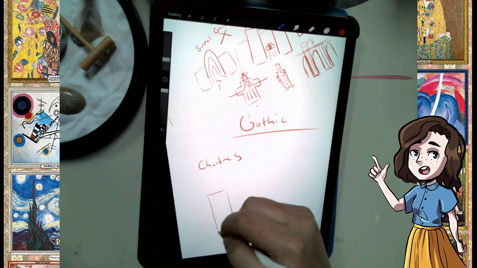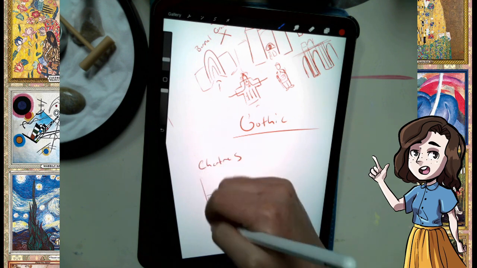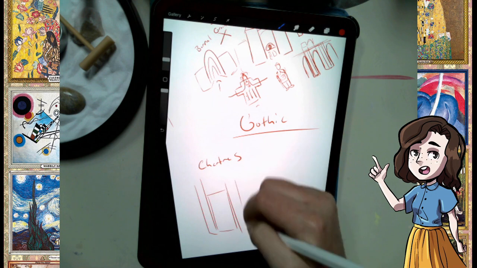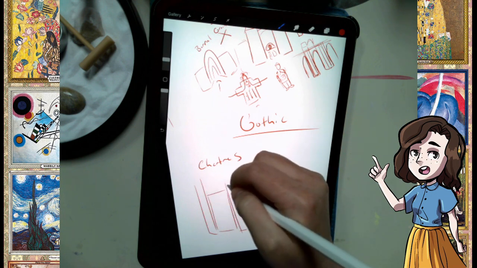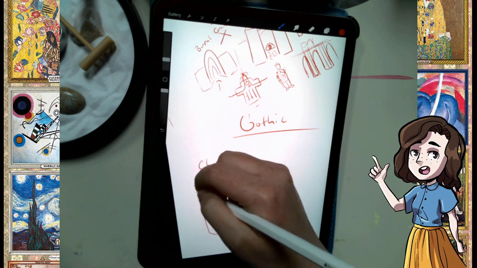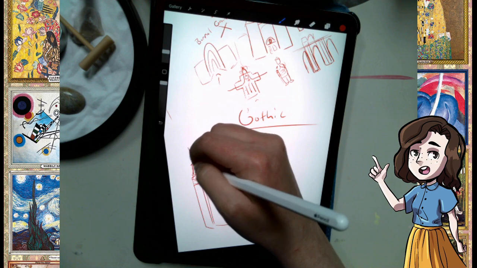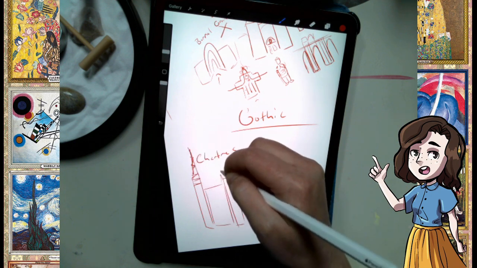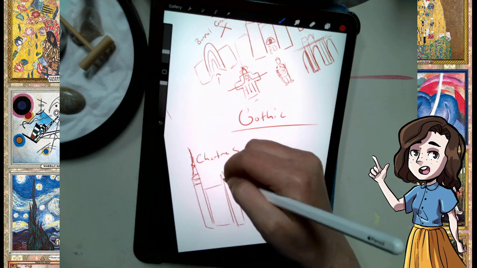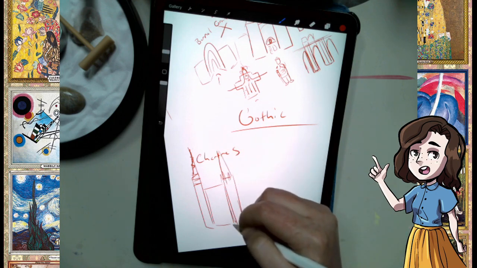So we have the front facade. Usually we're looking at the west facade with the two bell towers. This time they have spires on the top that are very elaborate. One, the left one, way more elaborate than the other, because we have that difference between the high Gothic that was rebuilt and the early Gothic, which was the original.